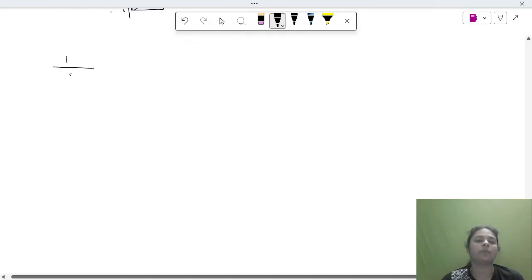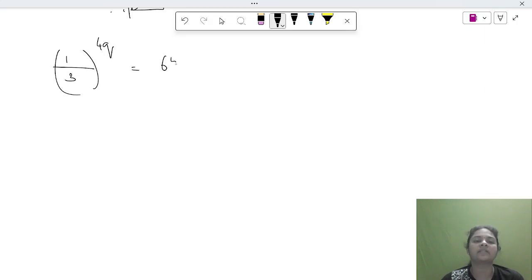So they have given (1 by 3) power 4q is equal to 6561 to the power minus 1. Now anything to the power minus 1 can be written as 1 by 6561.